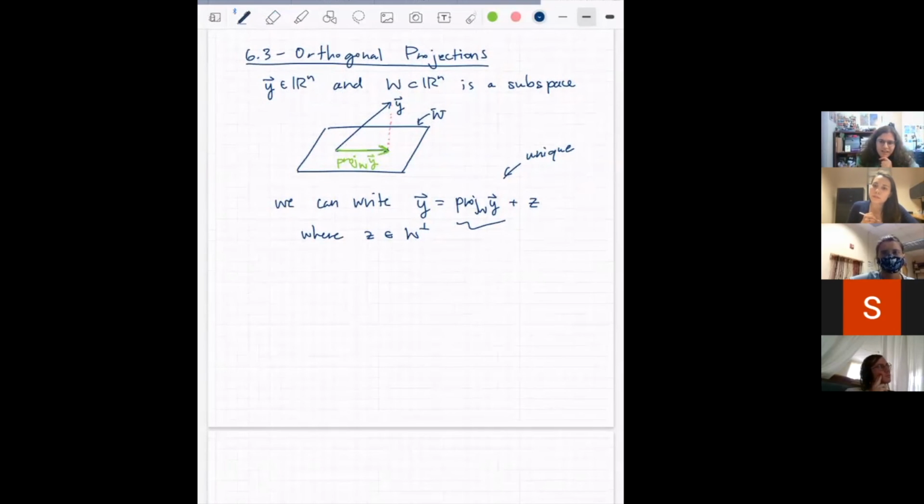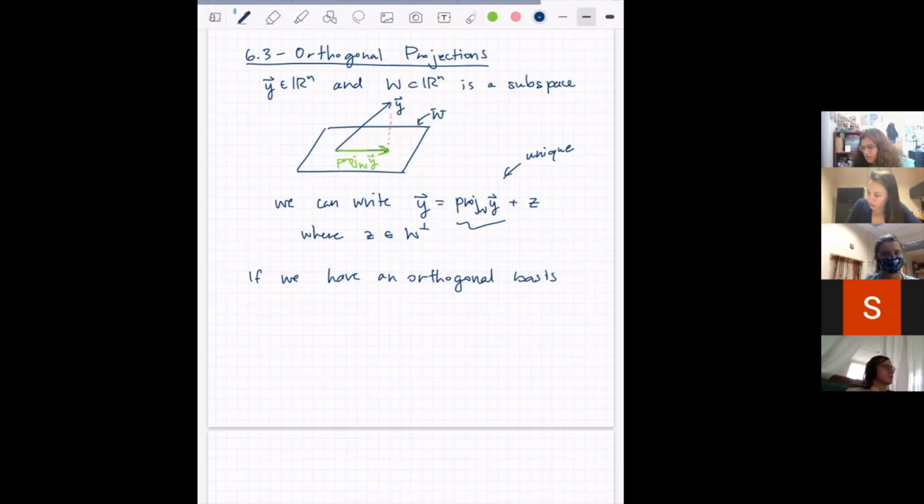Are we going to do something where we create an orthogonal basis for the subspace W? Right, yeah. So getting to that, if we have an orthogonal basis of W, we'll give it a name, made up of vectors u1 up to uk, right?